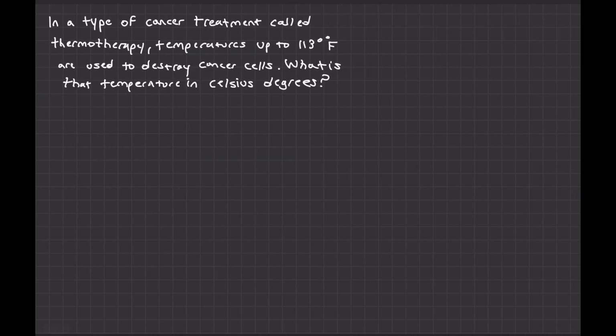So we are going to first go with our given. What is given in the equation to us? Well, what's given is that 113 degrees Fahrenheit, right? And then we need to figure out what this is in Celsius.